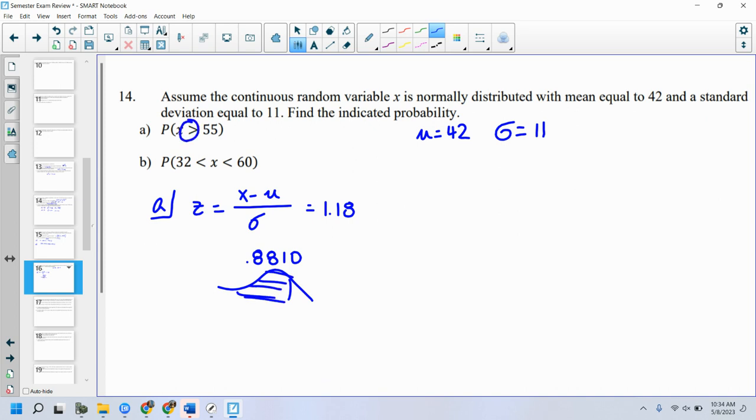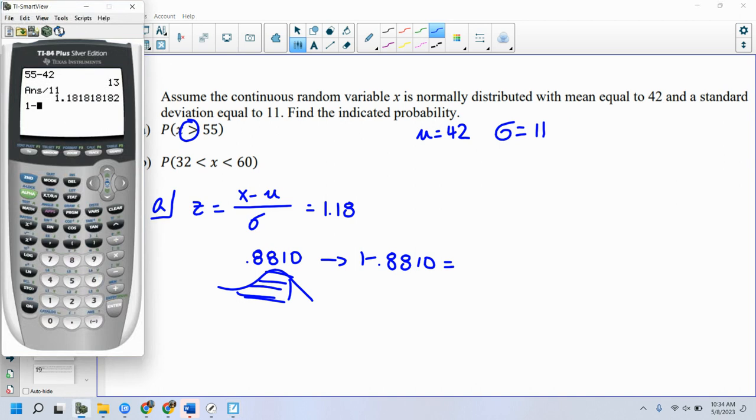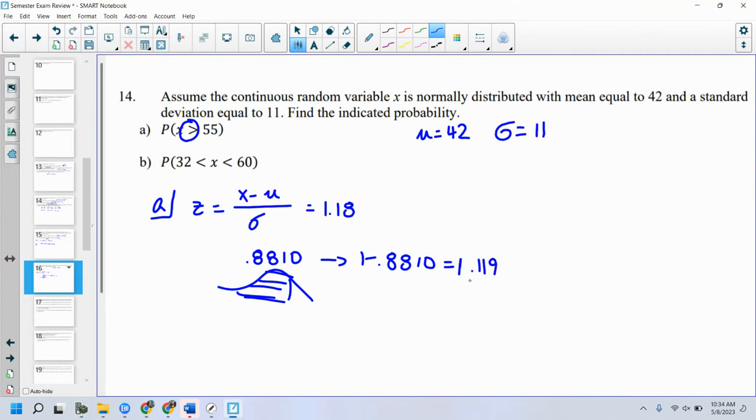The opposite. So 1 minus 0.8810 is what I really want, which is 0.119. Honestly, guess what number you would have gotten if you looked up negative 1.18? The same number, 0.1190.